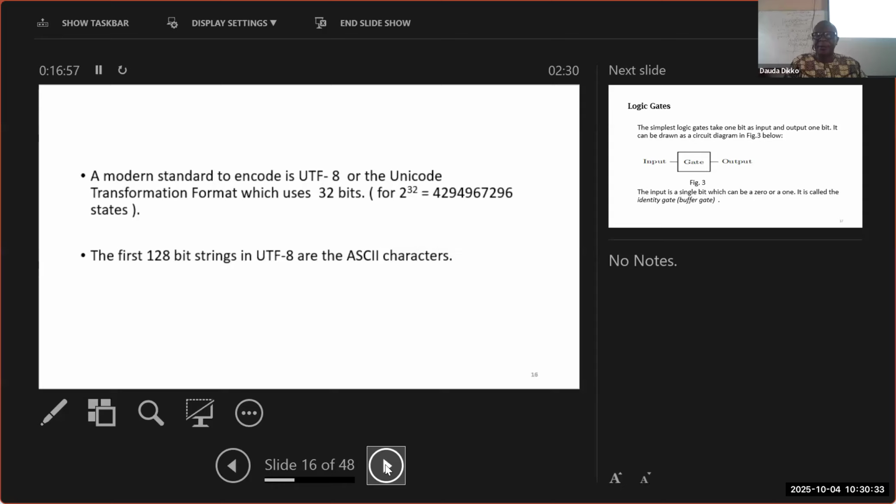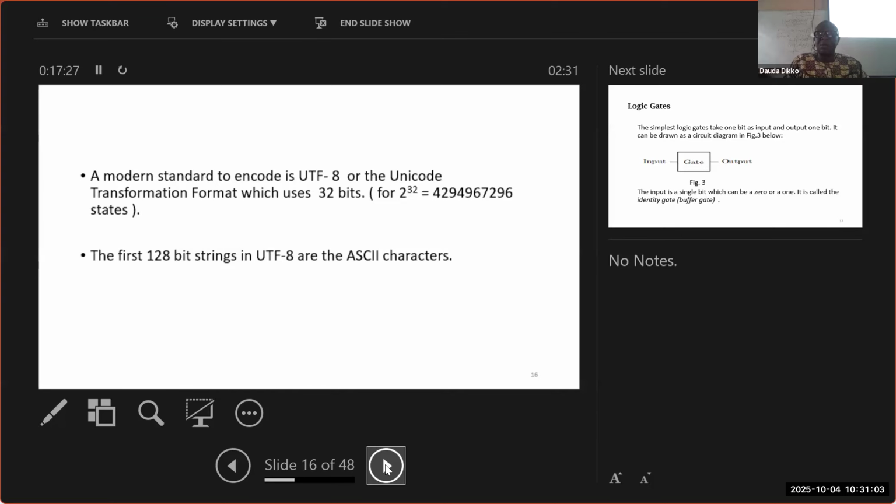And a modern way of encoding is the UTF. The UTF stores a lot of information. So unlike ASCII, which uses 7 bits, the Unicode, that is the UTF, Unicode Transformation Format, uses 32 bits.